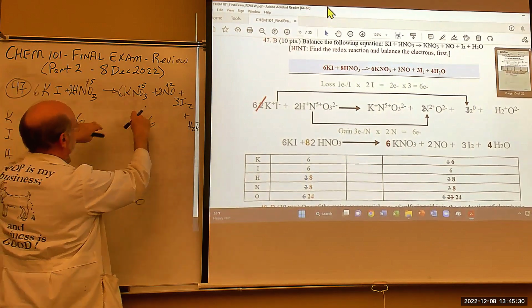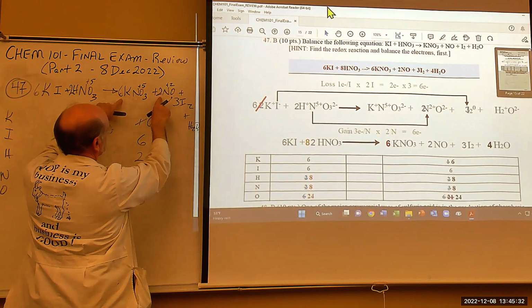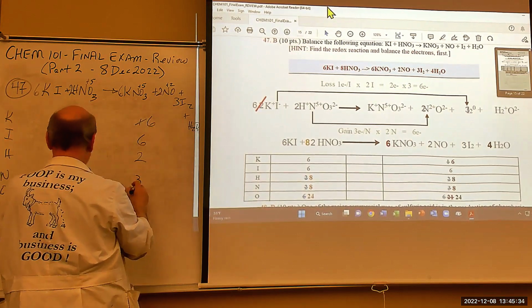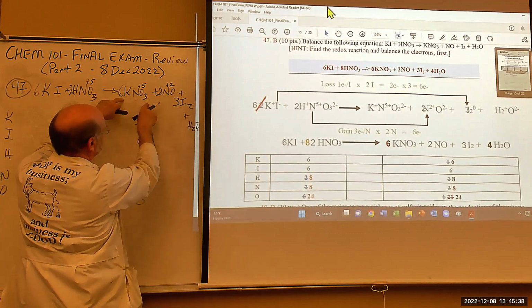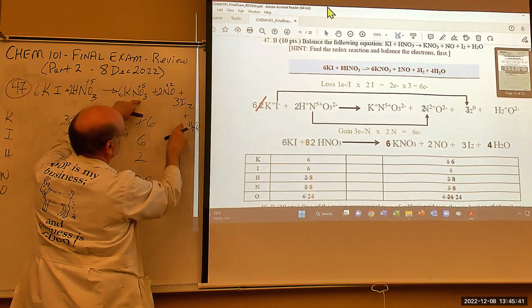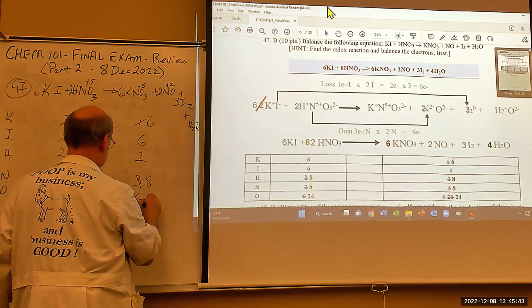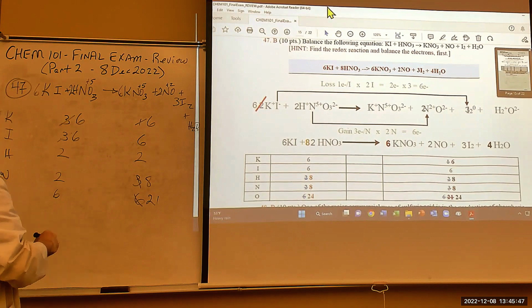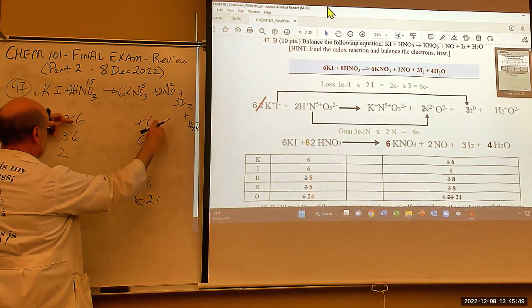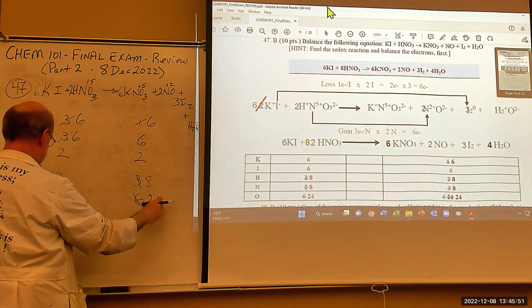Now it changes the nitrogens. 6, 7, 8. 8 nitrogens. And 18, 20, 21 oxygens. Okay. All right. 6, 6, 2, 8, 21.